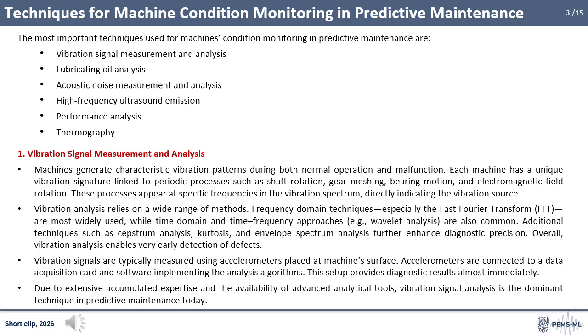These processes appear at specific frequencies in the vibration spectrum, allowing the vibration source to be identified. Vibrations are typically measured using accelerometers mounted on the machine's surface. Results of vibration analysis are available almost immediately. Thanks to extensive practical experience and advanced analysis tools, vibration analysis is the dominant technique in modern predictive maintenance.